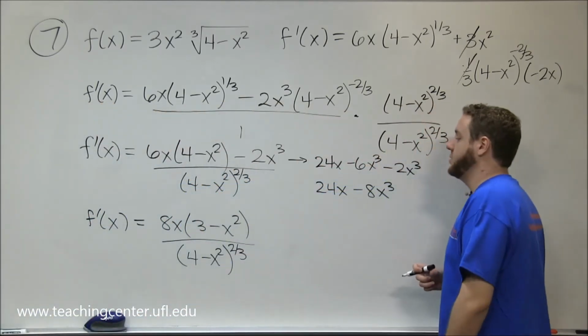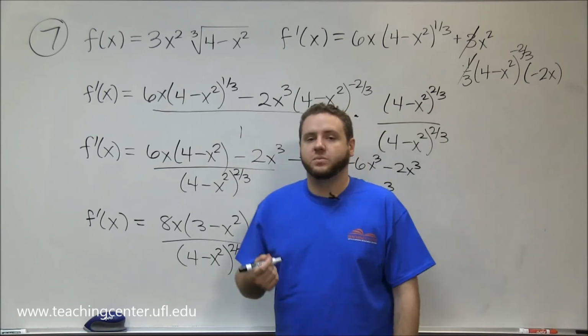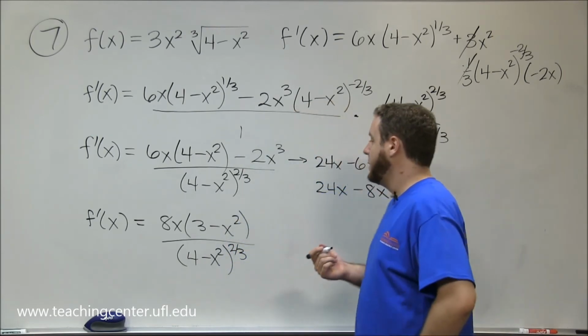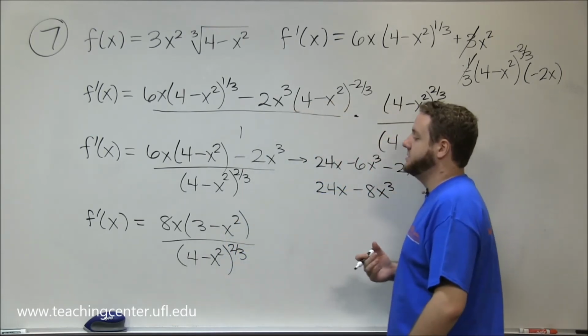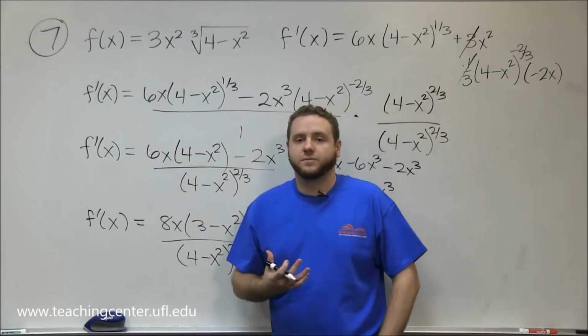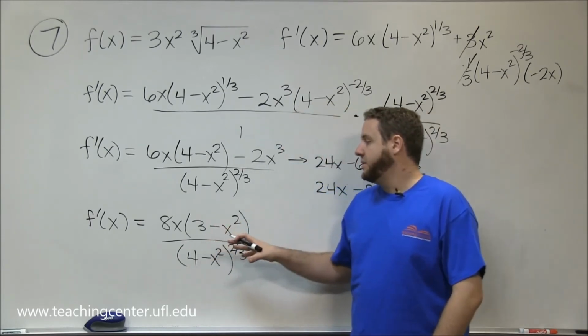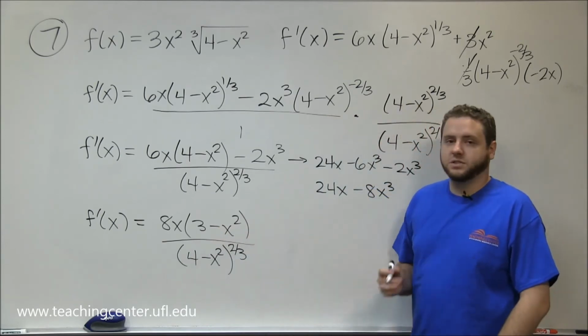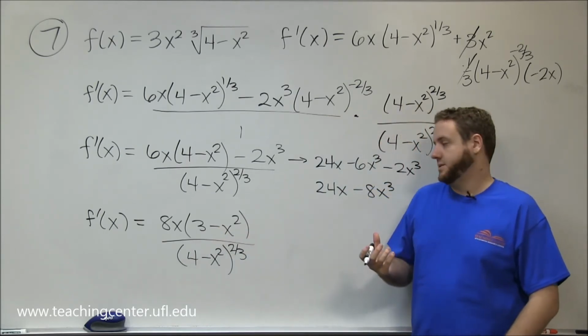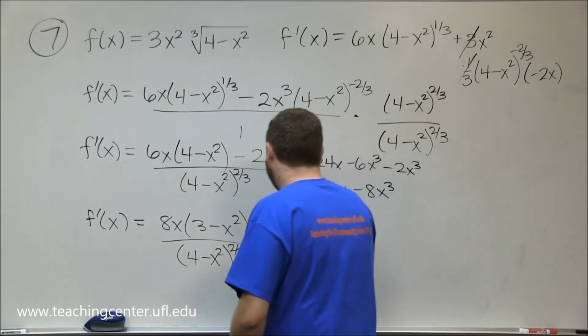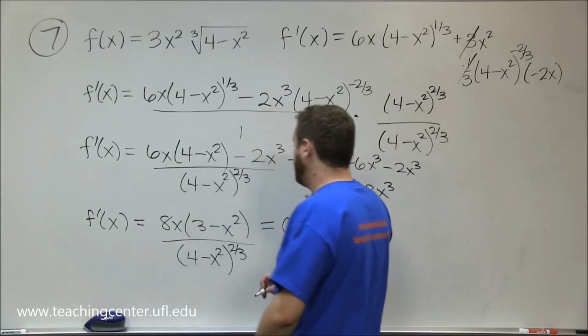Now the second part of our question is, where are the horizontal tangents and where are the vertical tangents? The horizontal tangents are going to occur wherever your derivative is equal to 0. Since we have a fraction, the derivative equaling 0 is the same thing as the numerator of that fraction equaling 0. So wherever the numerator is equal to 0, we'll have horizontal tangents.